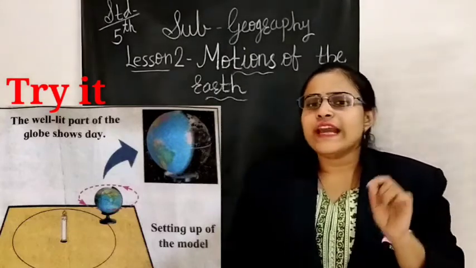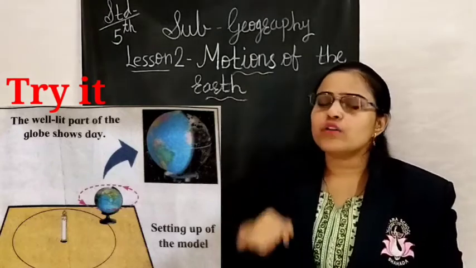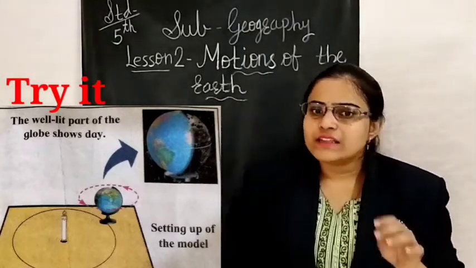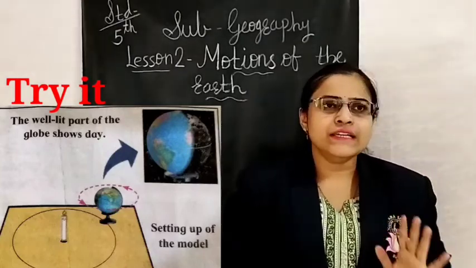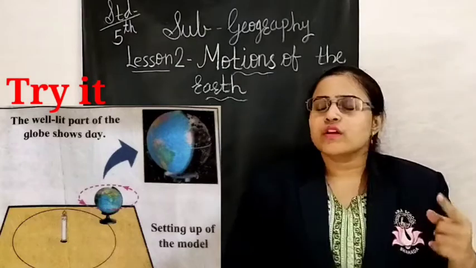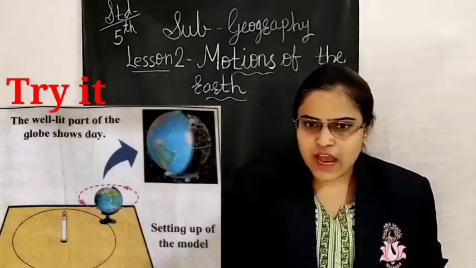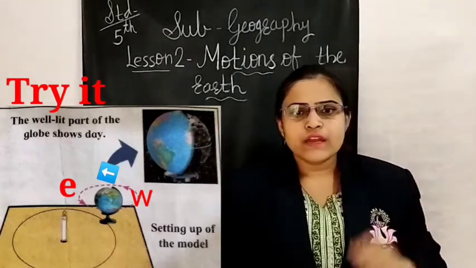Now looking at the globe from the direction of the north pole, turn it anti-clockwise. This is how the earth moves from west to east. We have known that the earth rotates from west to east.